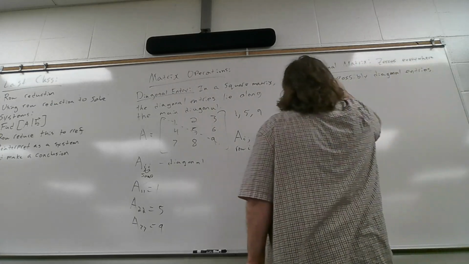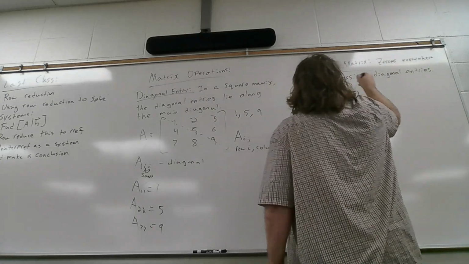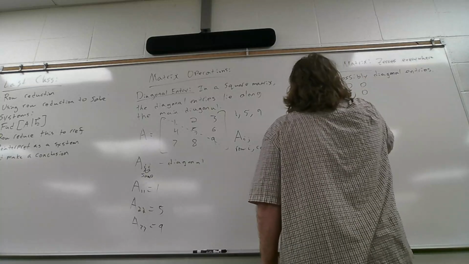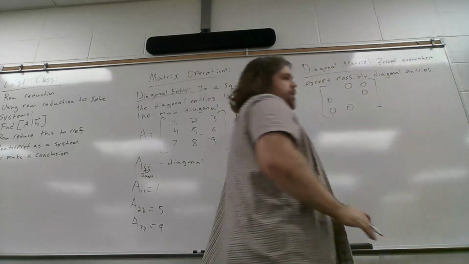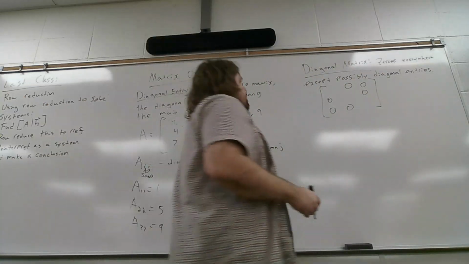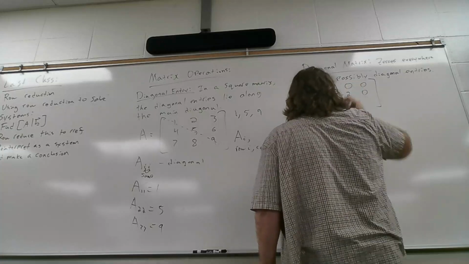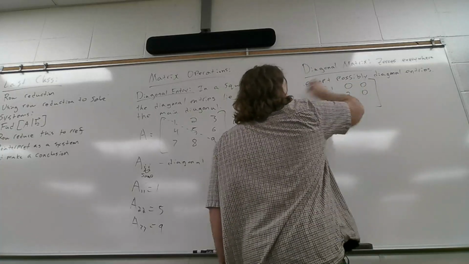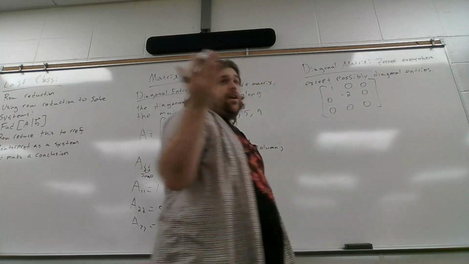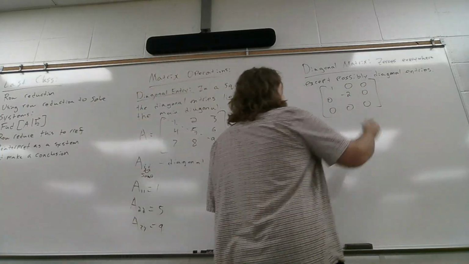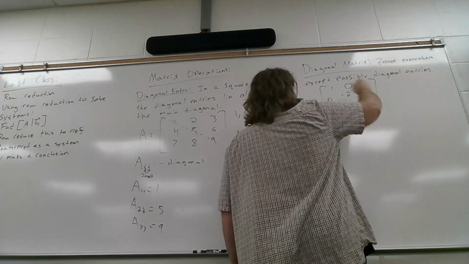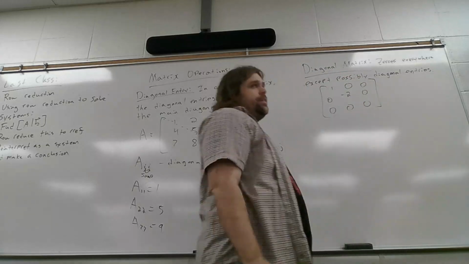So something that looks like this. Got zeros everywhere that isn't that diagonal. And then we got that diagonal, and we just put numbers there. We can say 1, -2, and it says except possibly those, so we could put a 0 there, right? That's fine. It's just, these are the only places that if they're not 0, they lie along that.